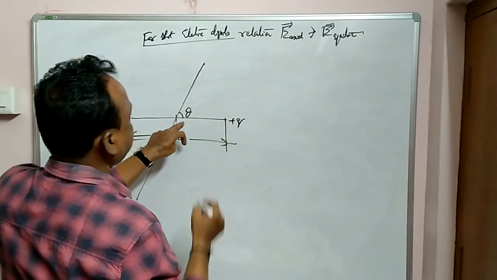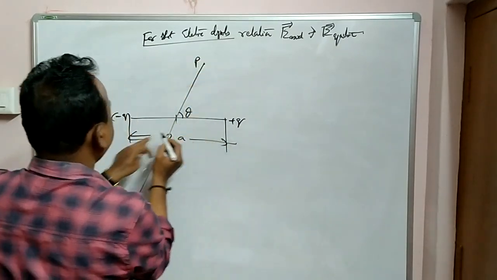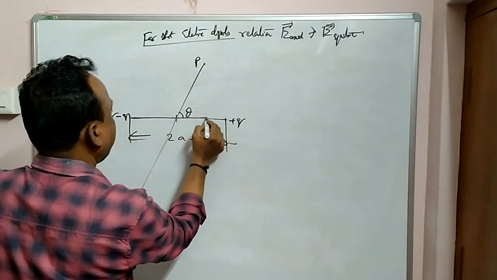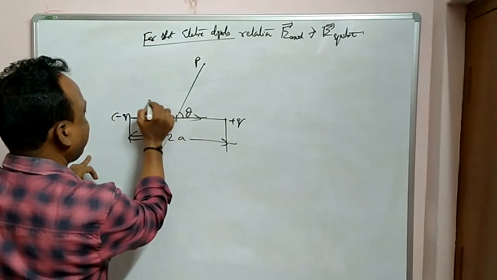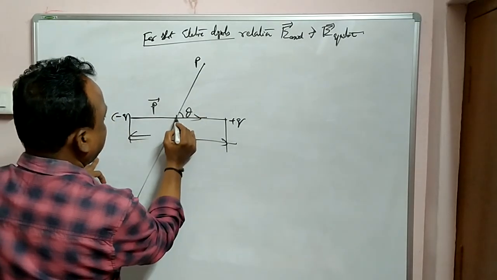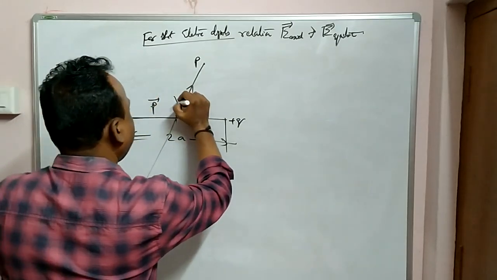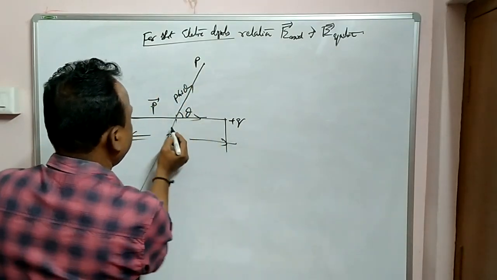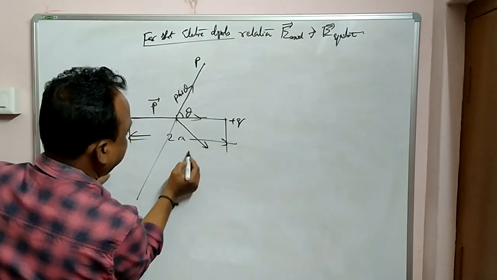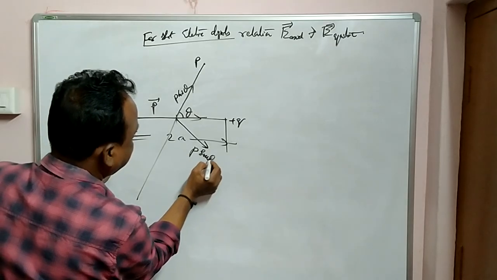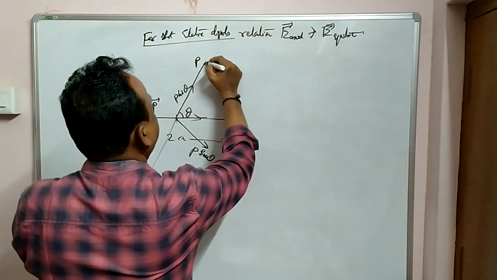At some angle it is there at point P. Electrical dipole moment direction P vector. And this is the component P cos theta. And this is the vertical component P sin theta. So this is axial line.